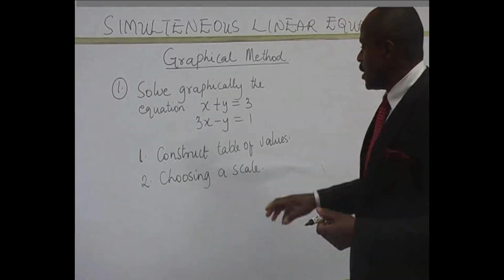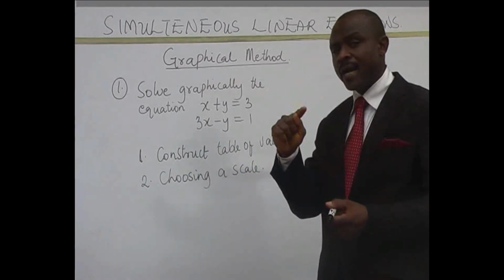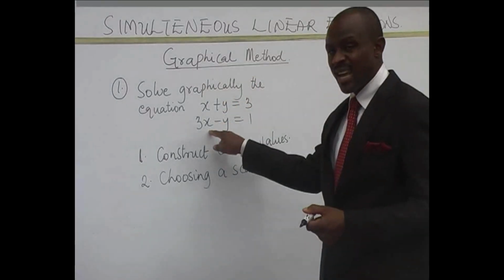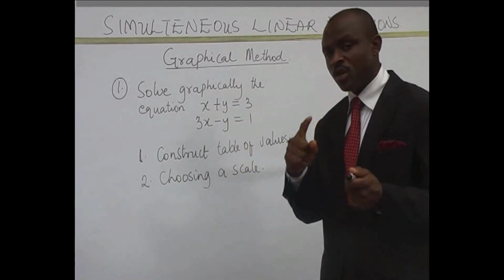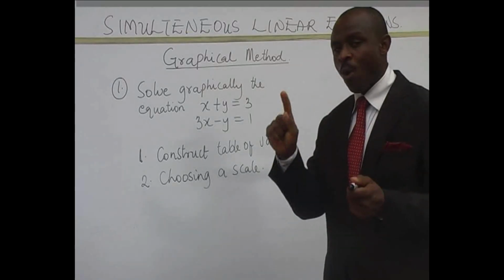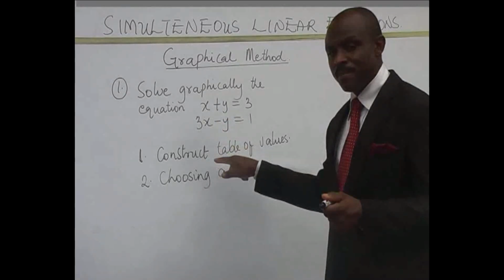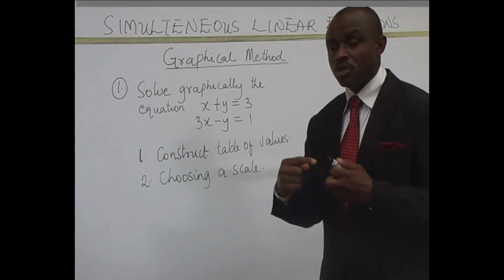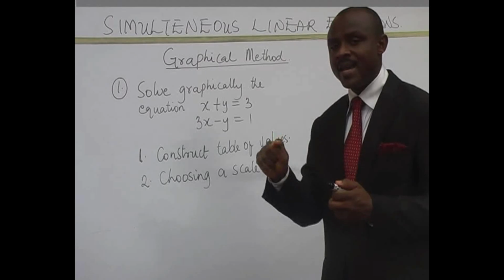Now, the question we have chosen is, if you can rewind your DVD, the first question we solved on simultaneous linear equations. We used the elimination method to solve it and got that x is equal to 1 and y is equal to 2. We also solved it with the substitution method and got the same answer, that x is 1 while y is 2.